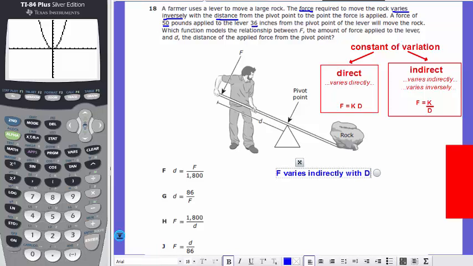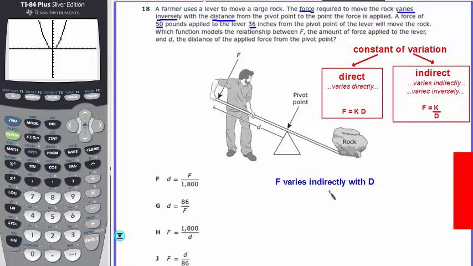Okay, so from this I can translate this to this: force equals a constant of variation on top divided by the distance. Okay, alright, now we need to find what the constant is, and that's where the two points, these two numbers come into play. Okay, our answer is going to look like this.